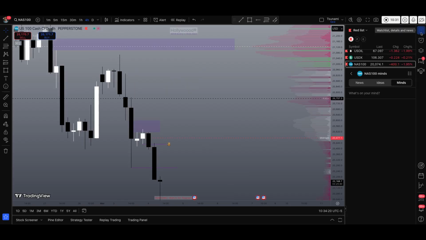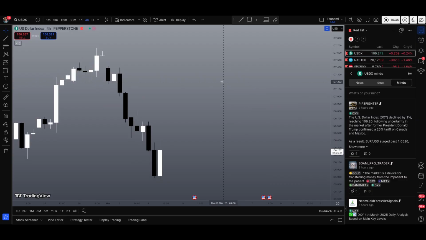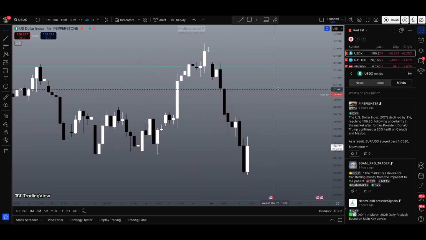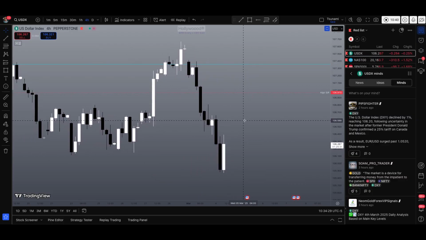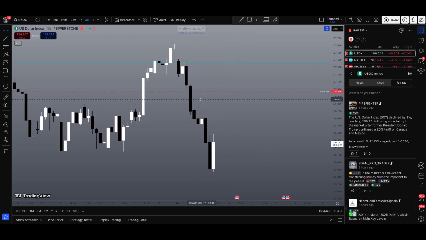We are at 10 minutes and 30 seconds right now. Let's look at the dollar index. The dollar index is not especially strong right now, which just means the whole market is being demonetized right now.